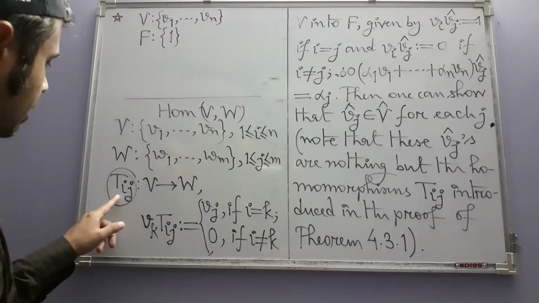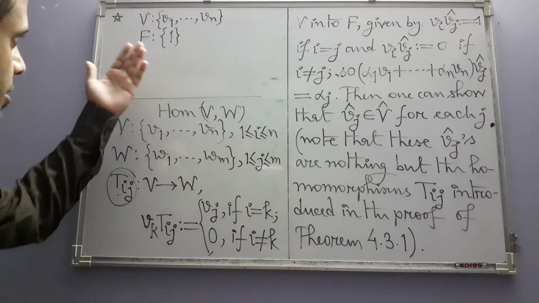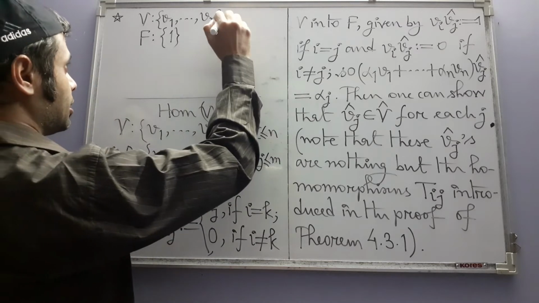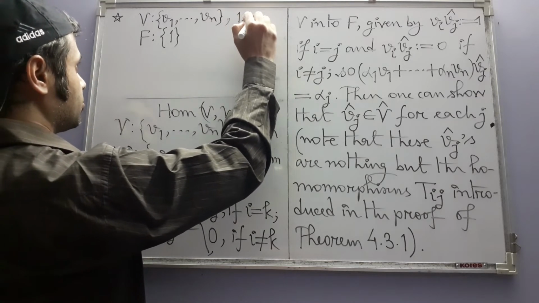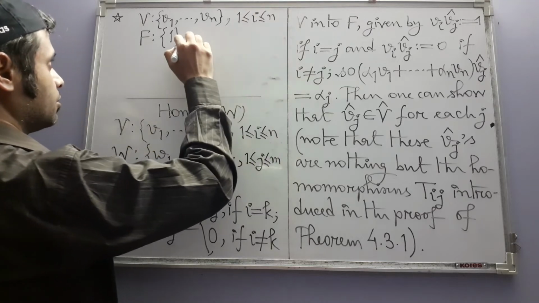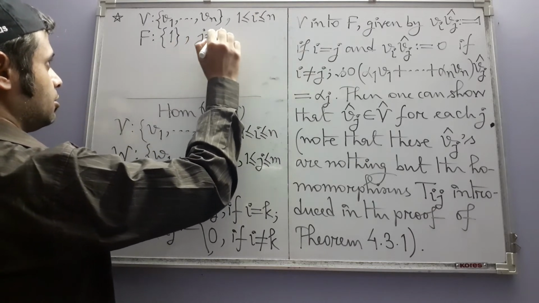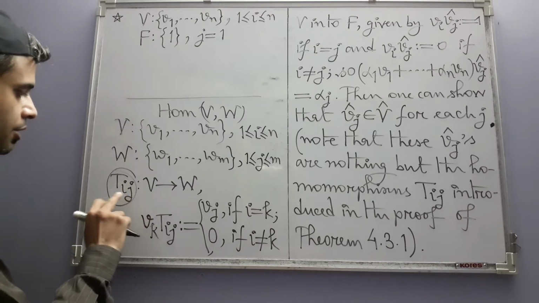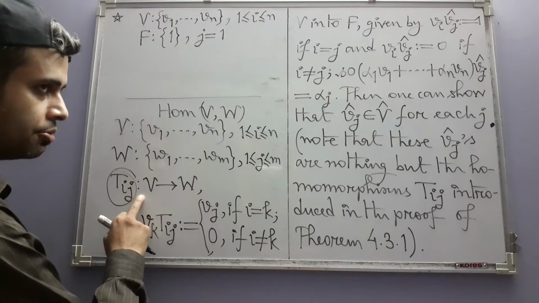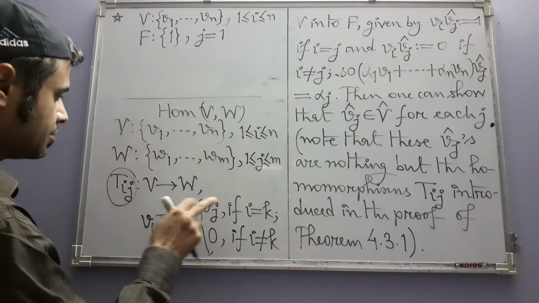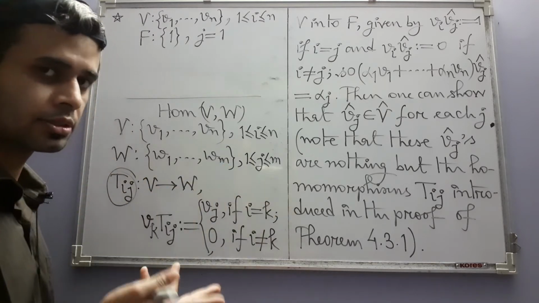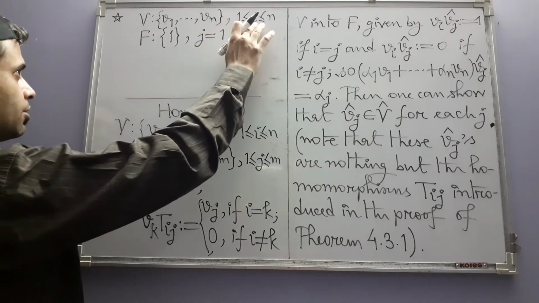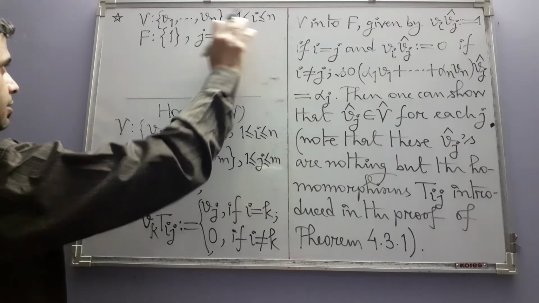So what will now happen to these Tij's? Note that i is varying from 1 through n, but j is fixed, j is equal to 1. So we don't have double indices for these homomorphisms; we only need one index, that is i.